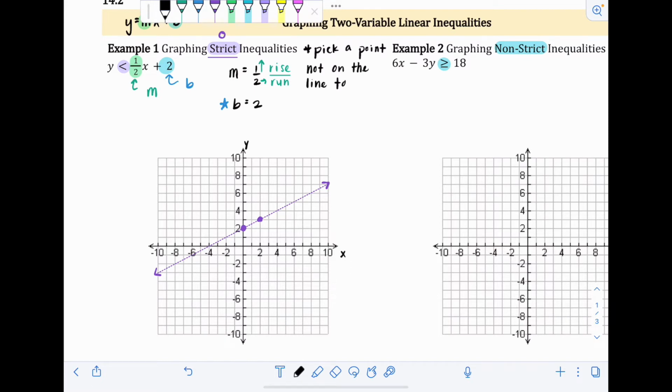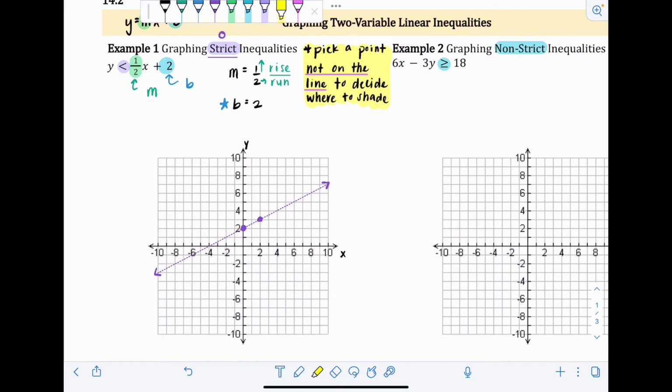And we're doing this to decide where to shade. So pick a point not on the line. That part's really important to decide where to shade. So any point, whichever one's easiest.